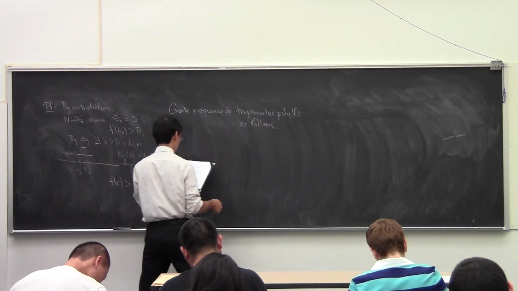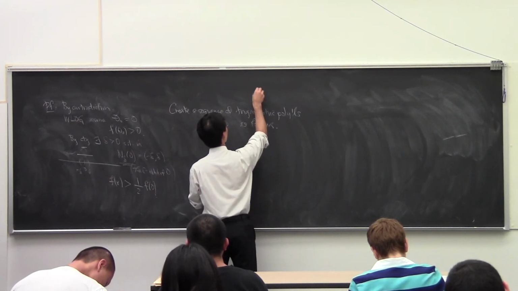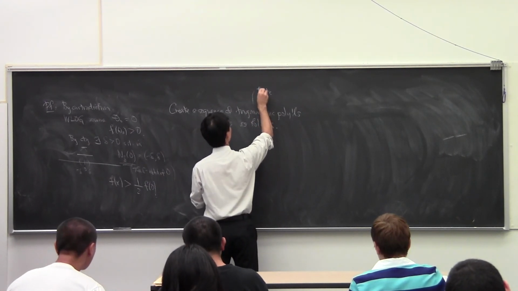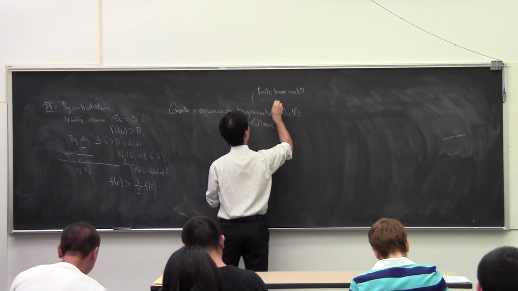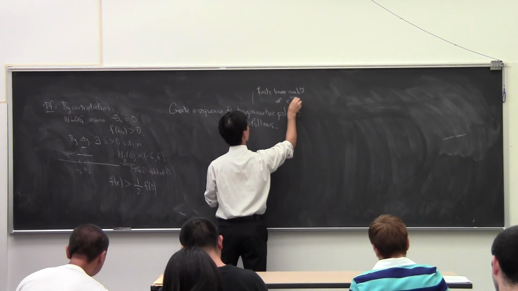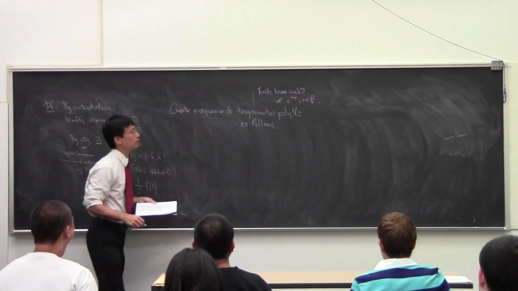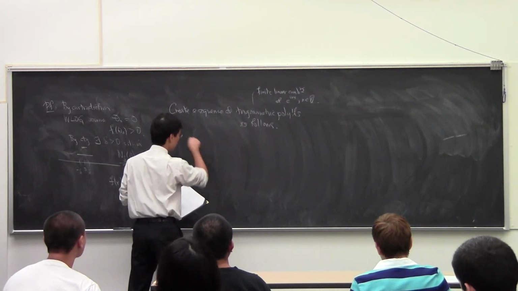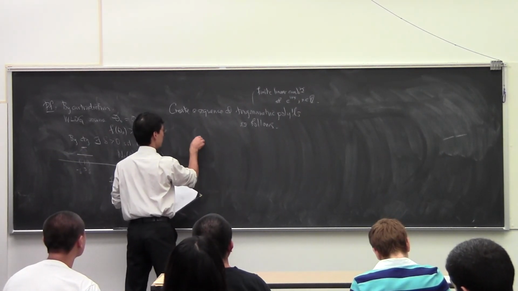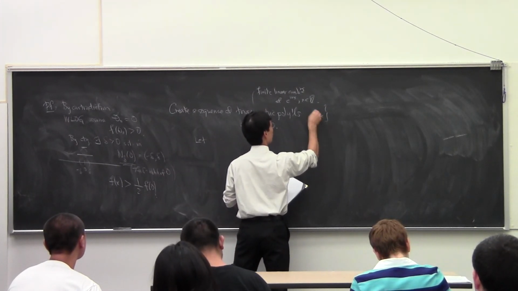By trigonometric polynomial, I mean finite linear combinations of the e to the i n x. So we create a sequence of trigonometric polynomials as follows. Our guys will be called p sub k.